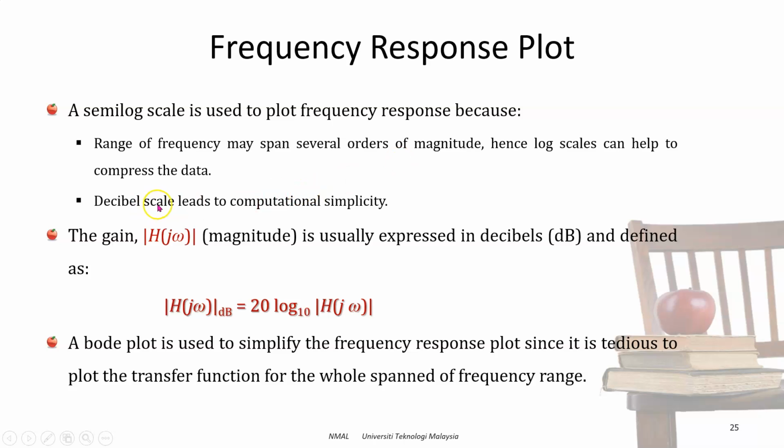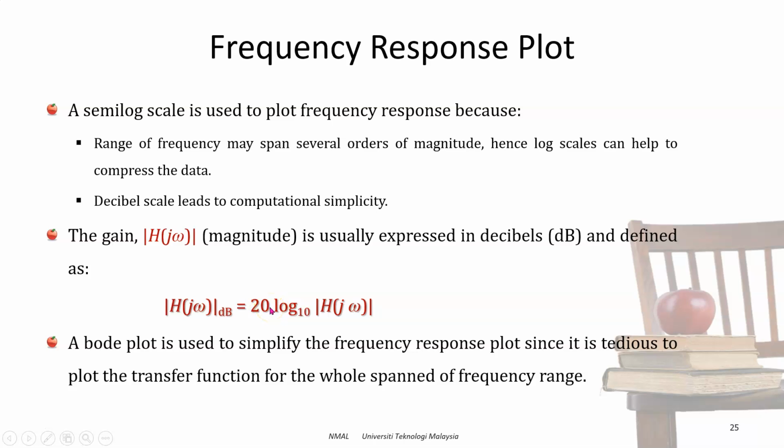Also, the decibel scale relates to computational simplicity. The gain magnitude is usually expressed in decibels. To change to decibels, we define 20 multiplied by log 10 of |H(j omega)|, which is the magnitude of the transfer function that we have found just now.